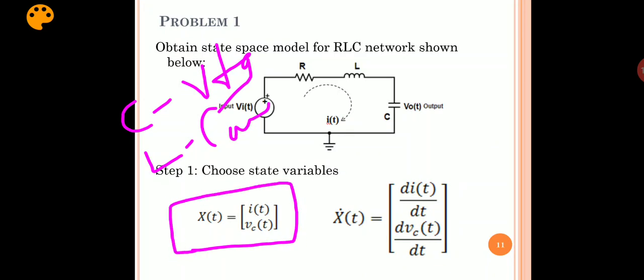I of t is the current passing through the inductor, therefore I of t is one state variable, and Vc is the voltage across the capacitor, which acts as my other state variable. Now, what is x dot? x dot is the differentiation of x, therefore for I of t it is dI by dt, and for Vc of t it is dVc of t by dt.